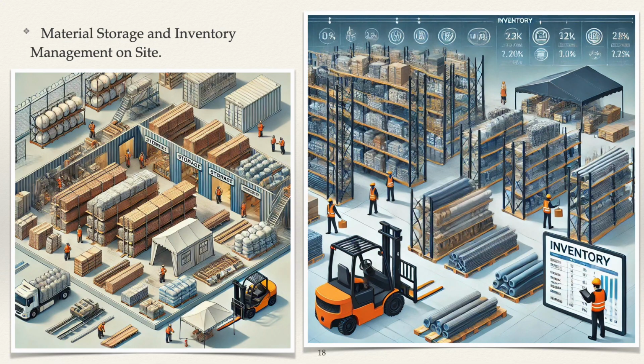This system helps the project team manage stock levels, avoid shortages, and schedule timely reorders. Material handling equipment. Arrange for forklifts, cranes, or other material handling equipment to move heavy items within the site. These tools are essential for loading, unloading, and organizing materials in storage areas.